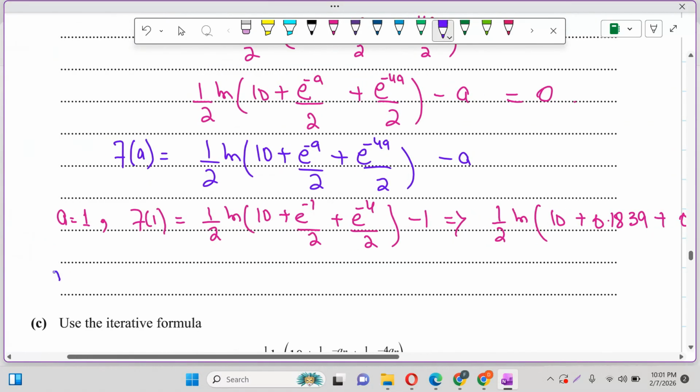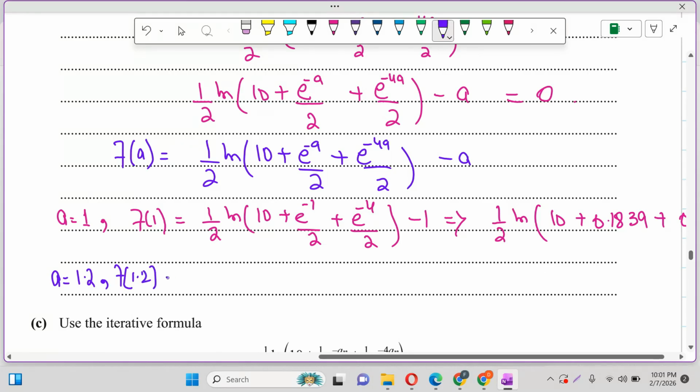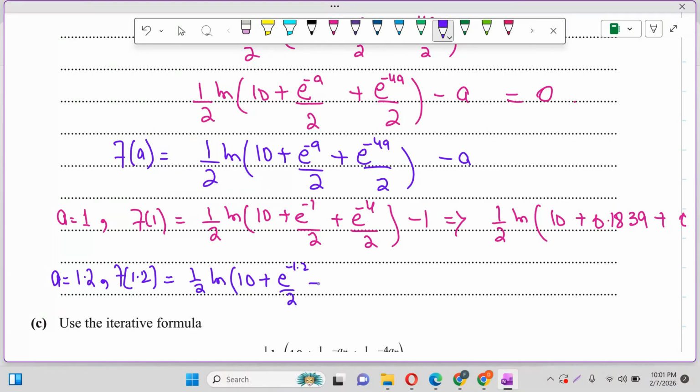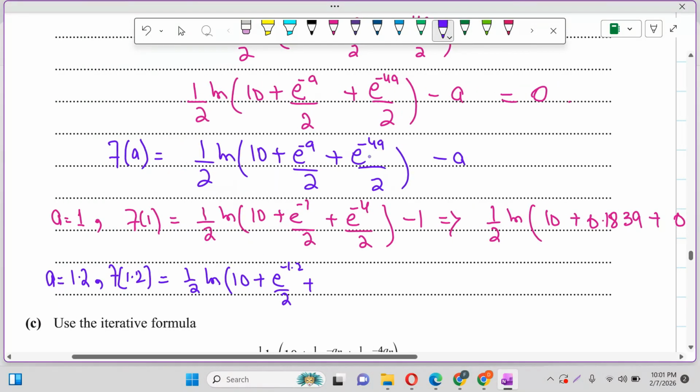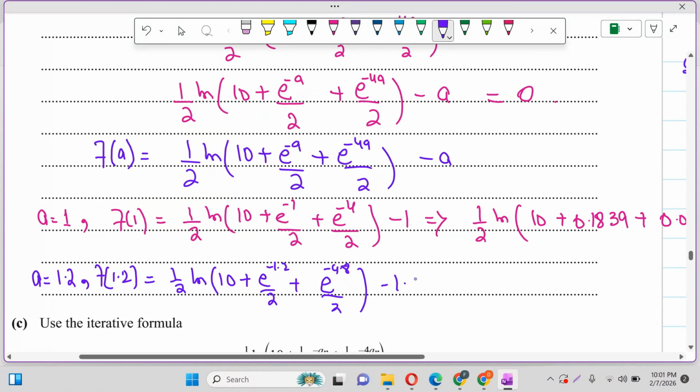Now, when we plug a equals 1.2, we will have f of 1.2, which is equal to half ln 10 plus exponential of negative a, meaning negative 1.2 over 2, plus exponential of negative 4a, meaning exponential of negative 4.8 over 2, minus a, meaning minus 1.2.